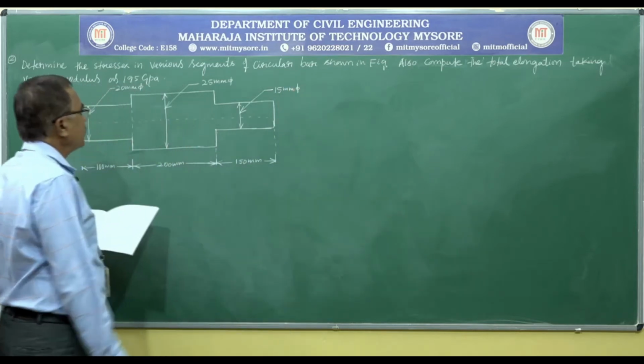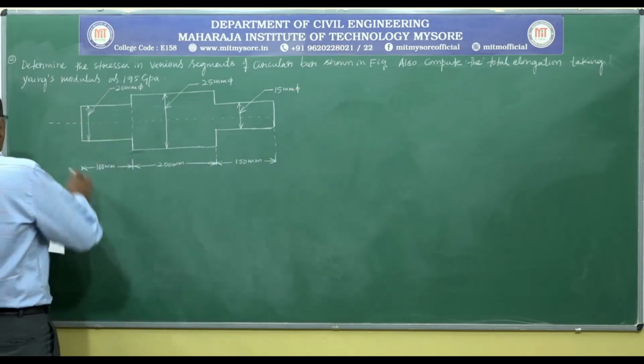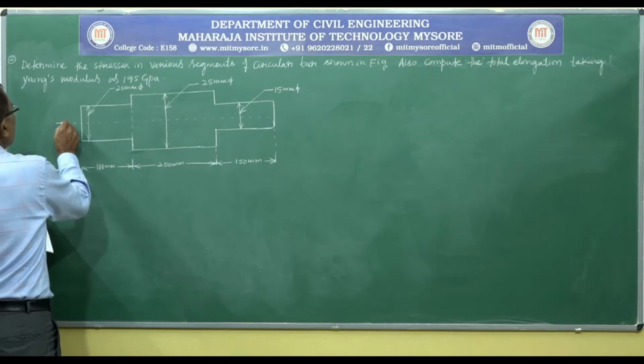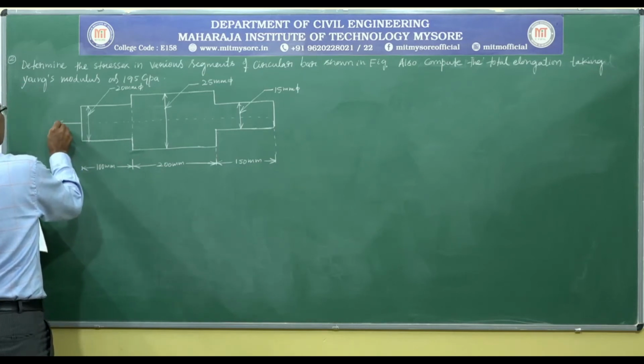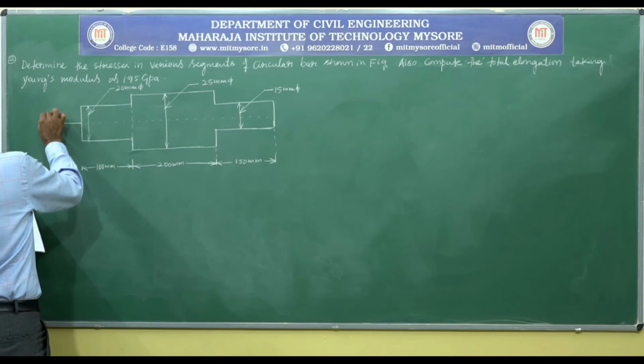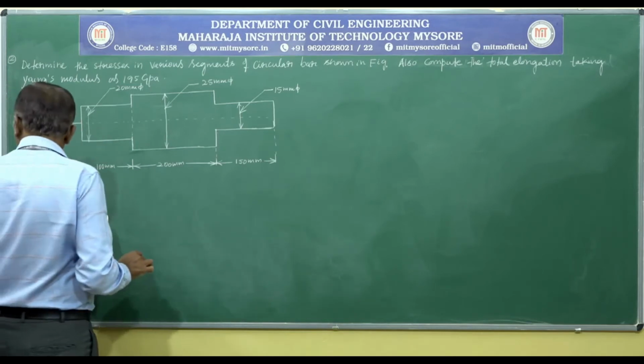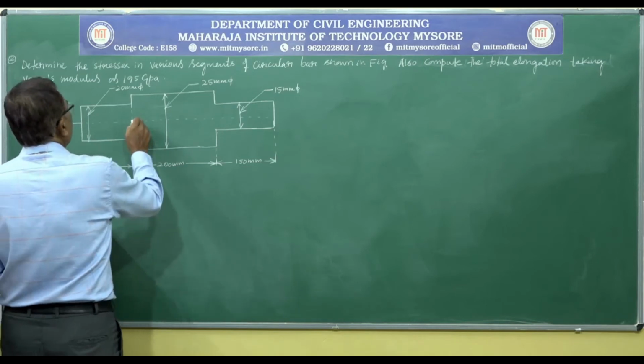This bar of varying cross section is subjected to a number of forces. It is subjected to a leftward force of 100 kilonewton on the first segment.